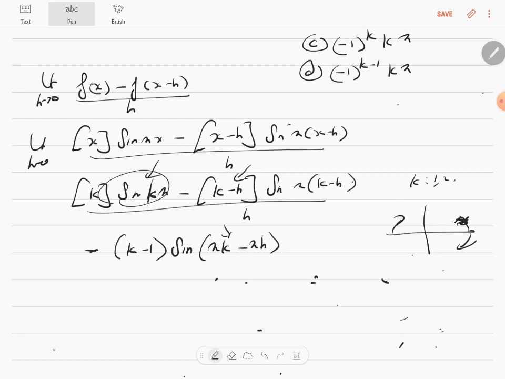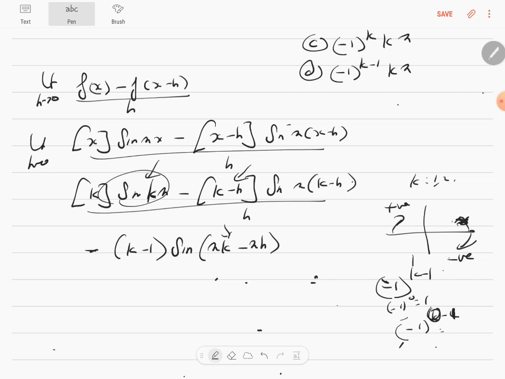When it is pi minus it's positive, but 2 pi minus is negative. So therefore it's minus 1 whole to the power k minus 1, because when you put k as 1, minus 1 to the power 0 is positive, and when k is 2, minus 1 to the power 1 is negative.